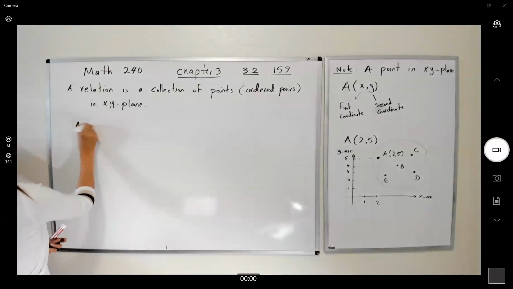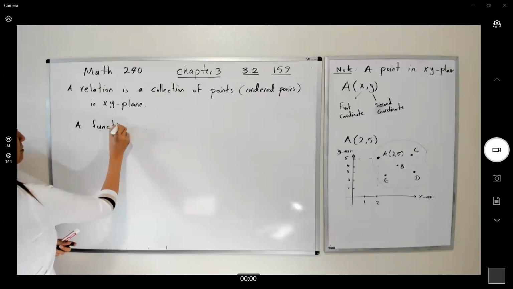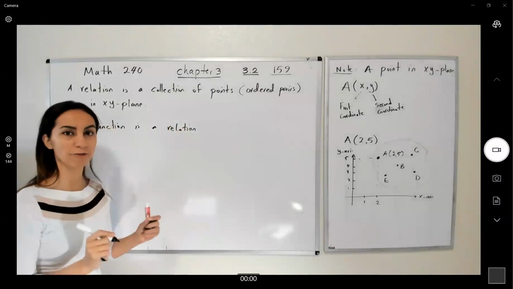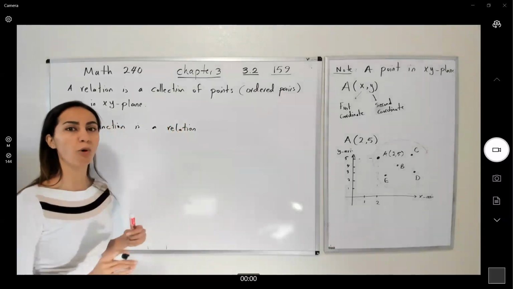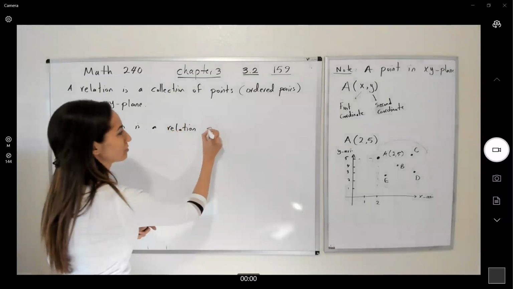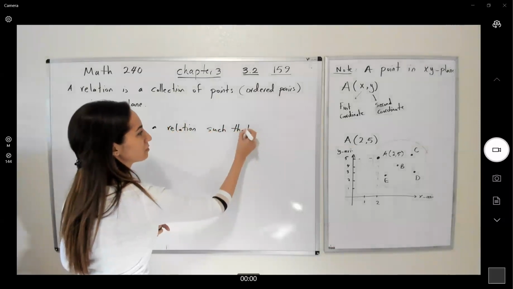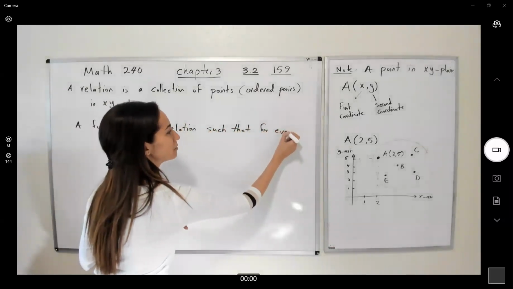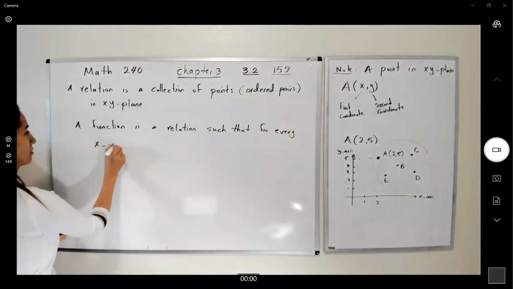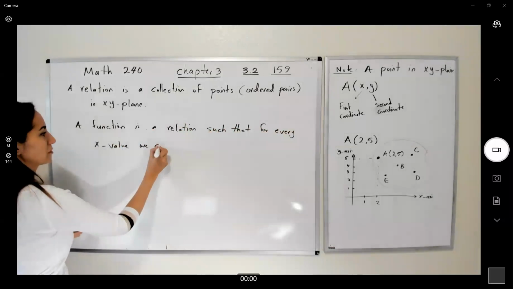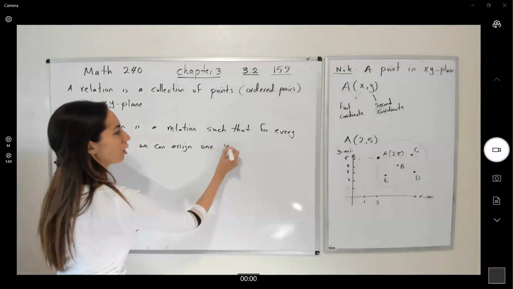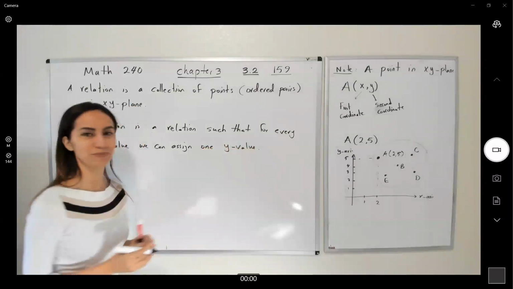A function is a relation. It means that a function includes some points in the xy plane with this specific condition, such that for every x value, we can assign one y value.